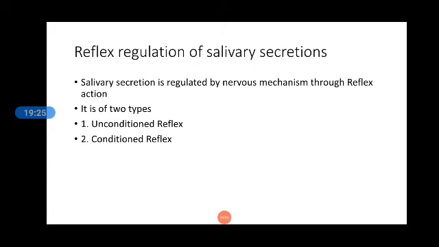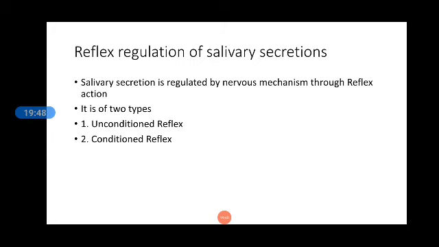This reflex induces salivary secretion when any substance is placed in the mouth, and it is due to the stimulation of nerve endings in the mucous membrane of the oral cavity. Next one is the conditioned reflex. What is a conditioned reflex? It is acquired by experience and needs previous experience.